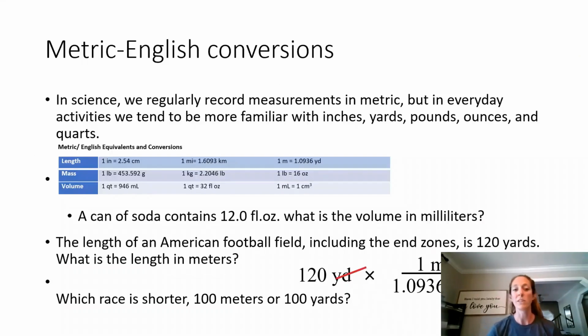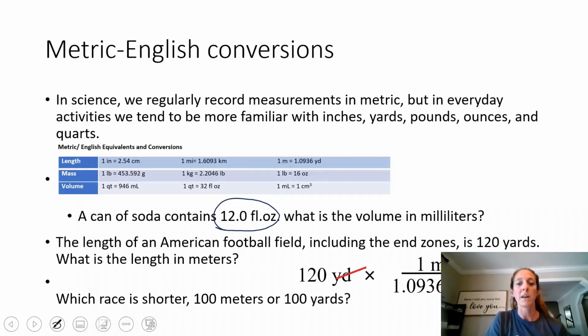So what's equivalent to each other by means of length, mass, and volume. You would be given this on any kind of test, just like the metric. You just need to know how to use it. So if I said, how would I convert, given that I have 12 fluid ounces, what is that volume in milliliters?